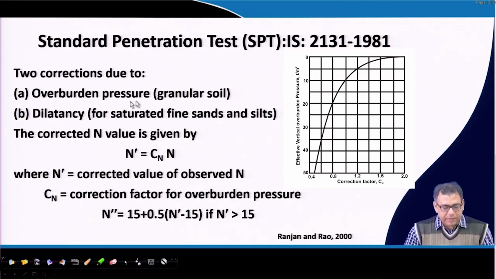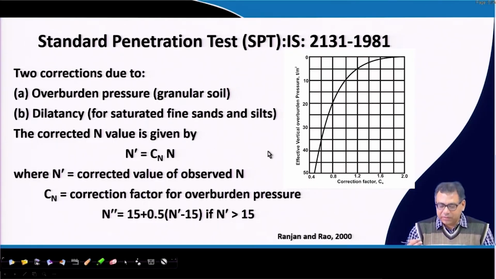The overburden pressure correction is applicable for granular soil, and the latency correction is applicable for saturated fine sand and silt. So, if the soil is clay, then no corrections are required. That means corrections are required for granular soil or silty soil. And I have discussed why the overburden pressure correction and the latency correction are required.